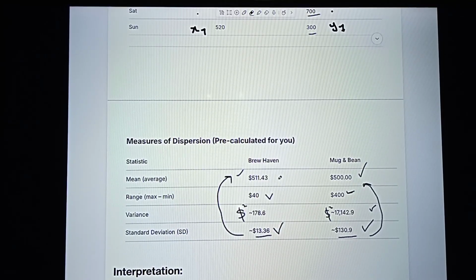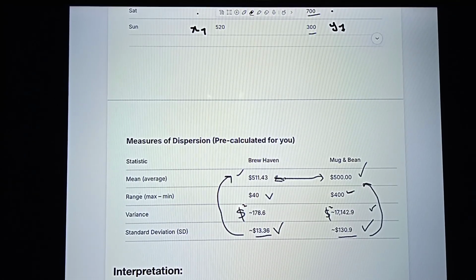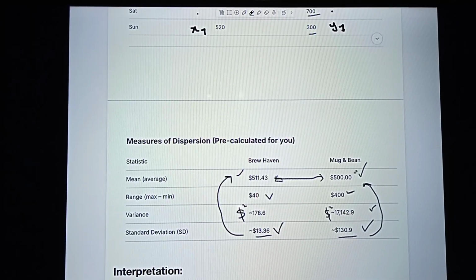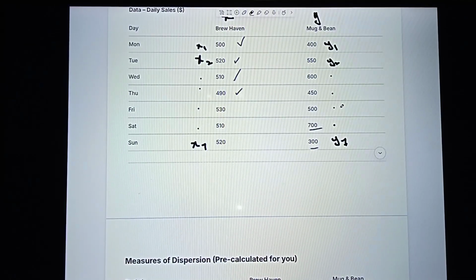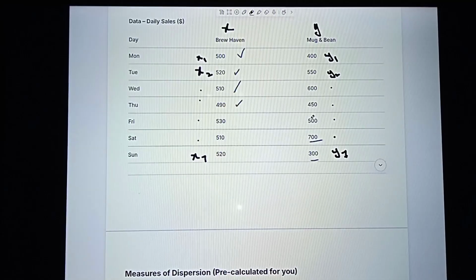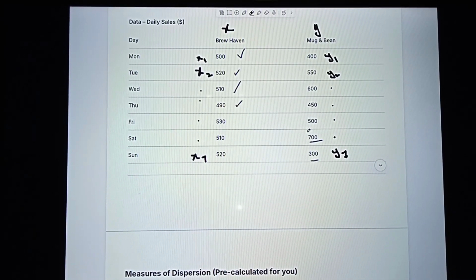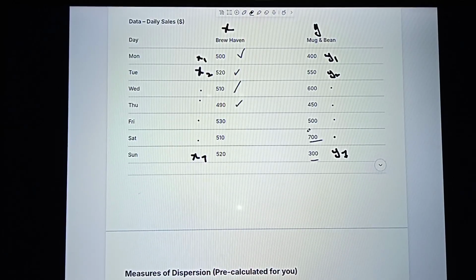That is, there is a small difference between the averages of Mug and Bean and Breve Haven. But the daily sales vary greatly, meaning the day-to-day variation is too much. You can see the differences in the observations. Some days sales are extremely high, but some days they are very low. So this is risk.